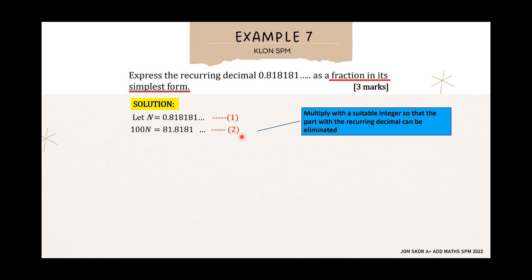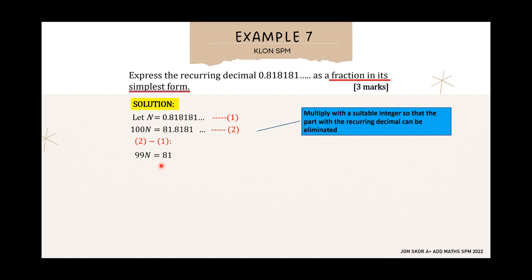Okay, kita nak tukar kepada bentuk fraction ni. So, teacher akan tolakkan equation yang kedua dengan equation yang pertama. Okay, teacher akan dapat apa? Tengok on your left hand side. Teacher ada 100n minus n. Dapatlah 99n. Dan teacher ada on the right hand side 81.8181 minus 0.8181.